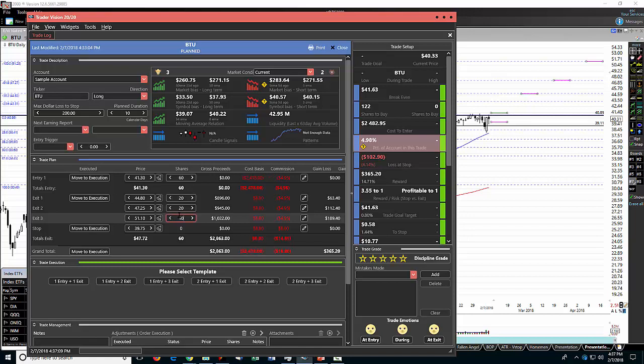Let's drop this down to 10 and drop this down to 10 and take that up to 40. What does that do for us? That gives us $131, 132, but that's still not much of a gain. It reduces our overall reward to risk down to a little under 3 to 1, which is still acceptable, but I'm still not getting close to that 2 1/4 that I want to try to put in the bank.